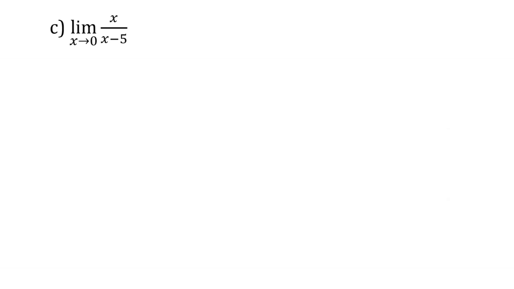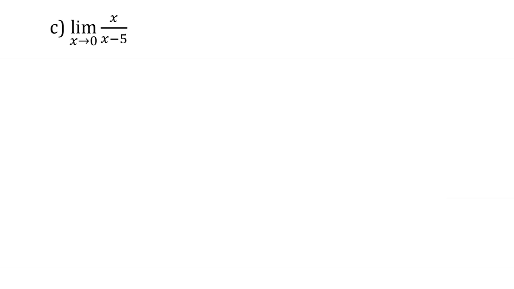So again, I'm looking at this one. This is a very clear rational function, something we could sketch from advanced functions. It has a vertical asymptote at x equals 5, which means something strange is happening at x equals 5, but we are worried about the limit as x approaches 0.